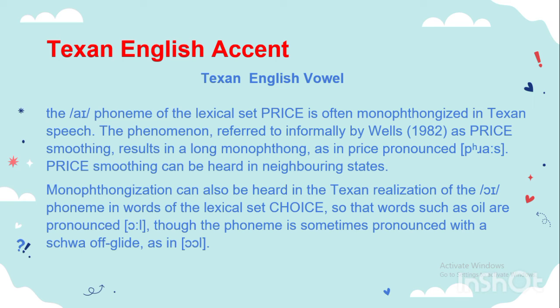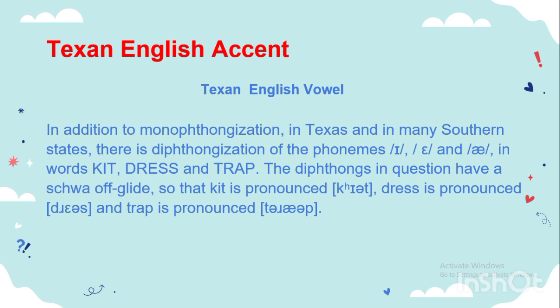Monophthongization can also be heard in the Texan realization of the OY phoneme in words of the lexical set CHOICE, so that words such as oil are pronounced ahl. Also, the phoneme is sometimes pronounced with a schwa off-glide.